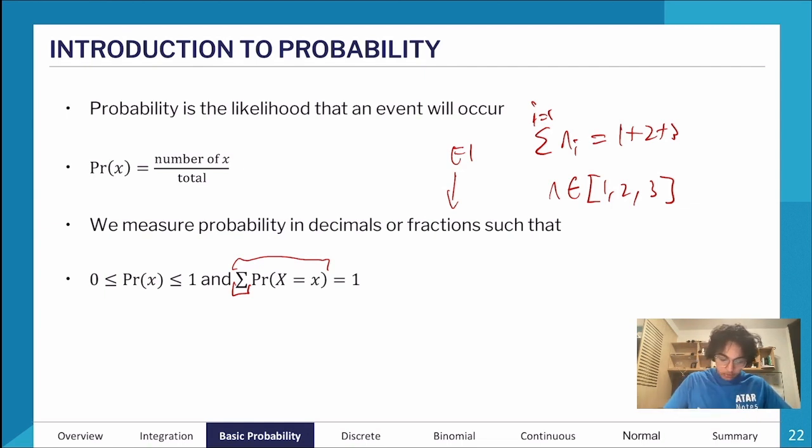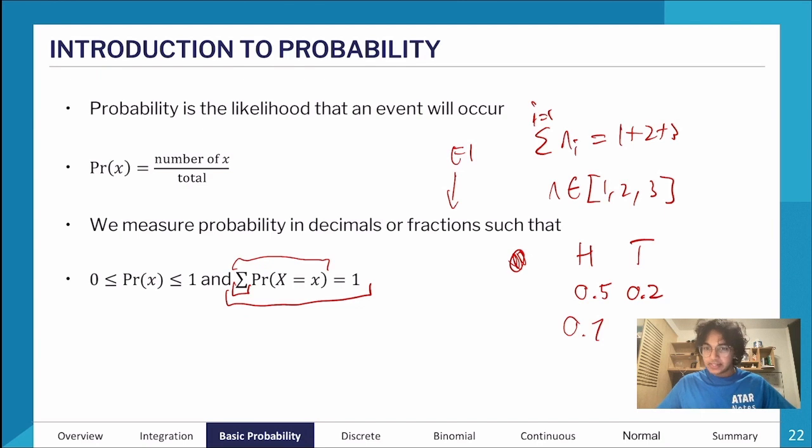What this whole statement is saying is that the sum of all the probabilities must add up to 1, right? So if I have 2 events, like the probability of getting heads and the probability of getting tails, they both need to add up to 1. It can't be like this, because this only adds up to 0.7, and that doesn't explain what happens the other 30% of the time.